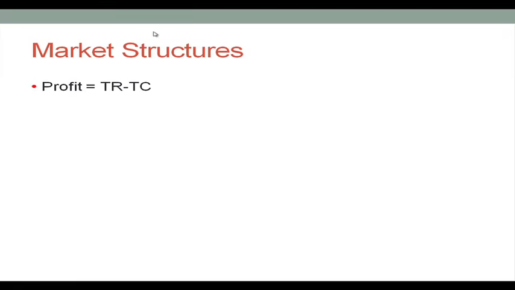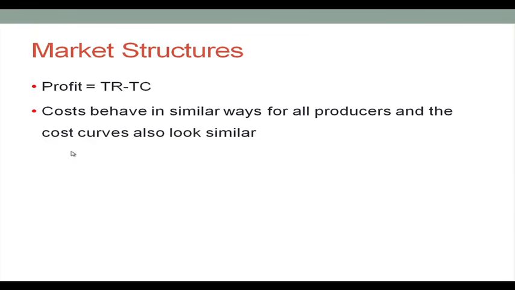We are going to discuss various market structures, and we are going to assume that the objective of all firms is to maximize profit. Profit is total revenue minus total cost, and costs behave in similar ways for all producers, and the cost curves also look similar.